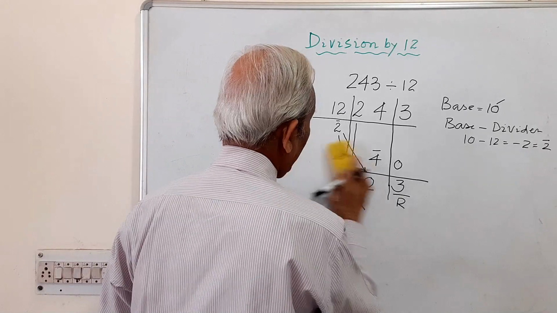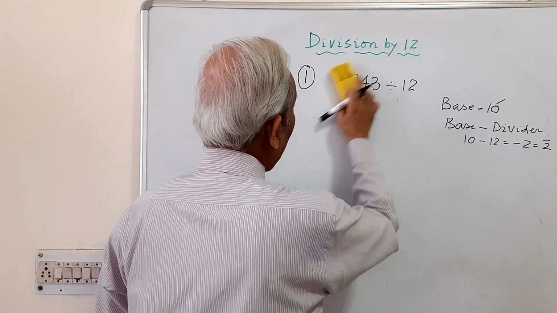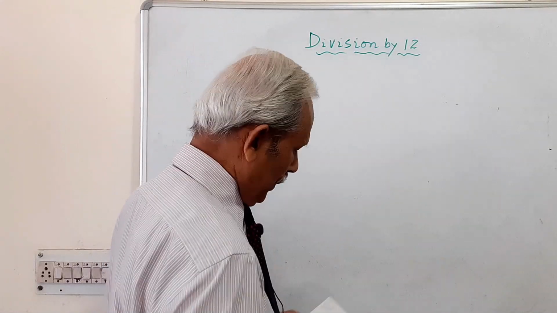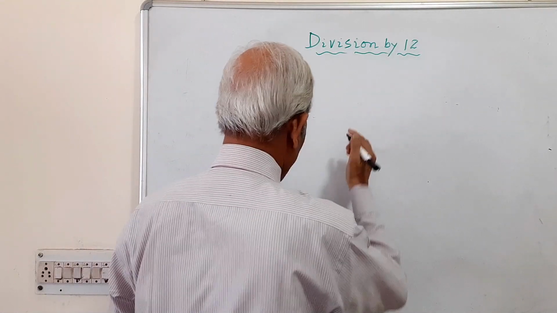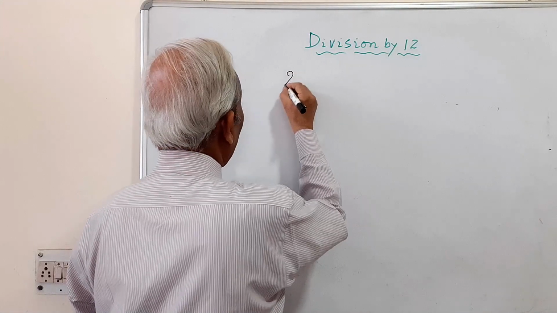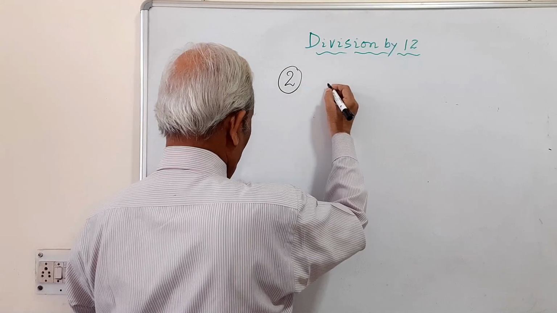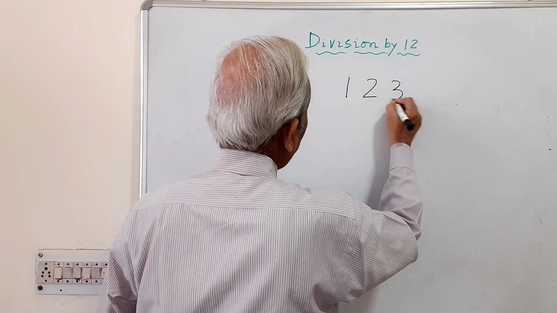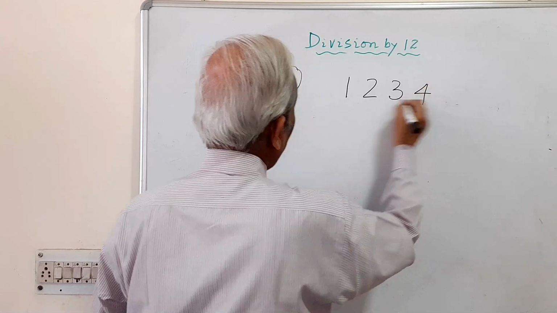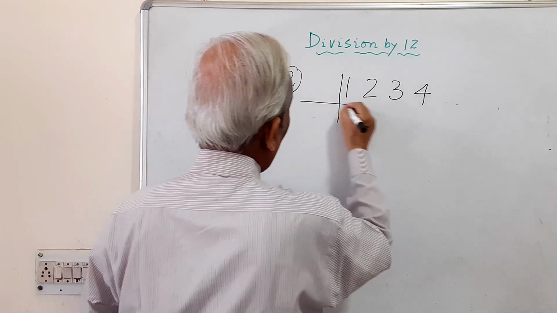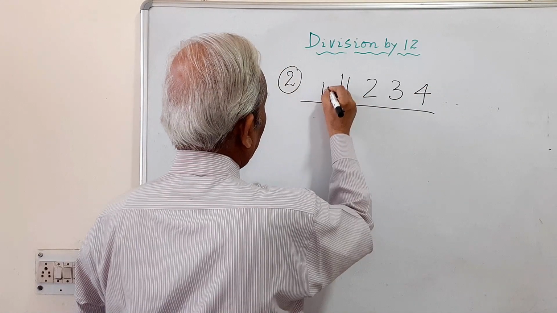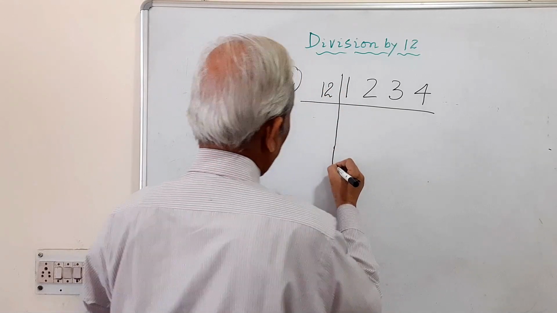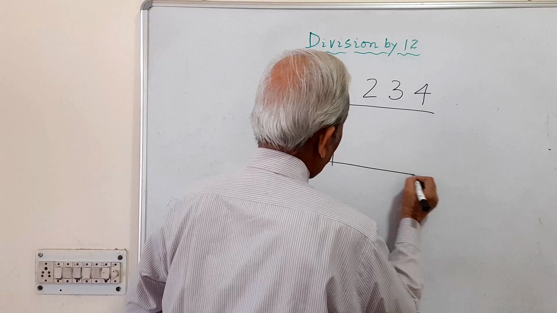Now let me do the next sum. Question number 2 is 1234 divided by 12. Once again I will tell you so that you can remember it.